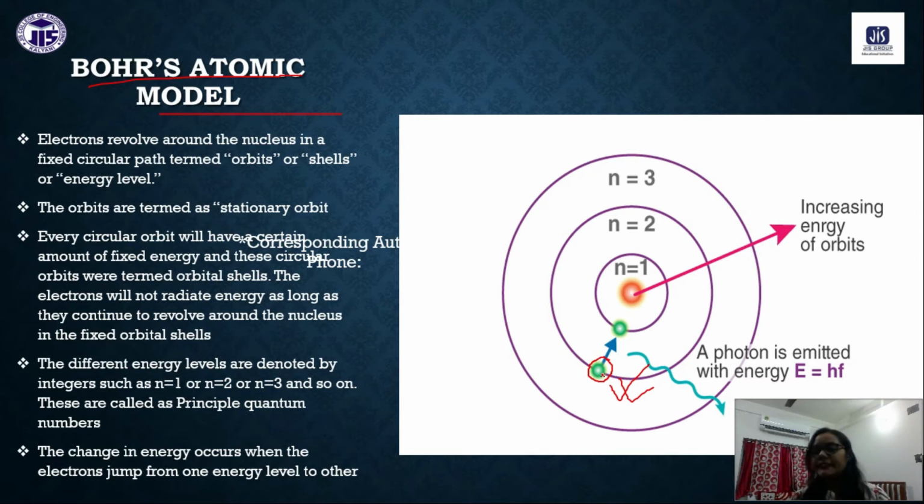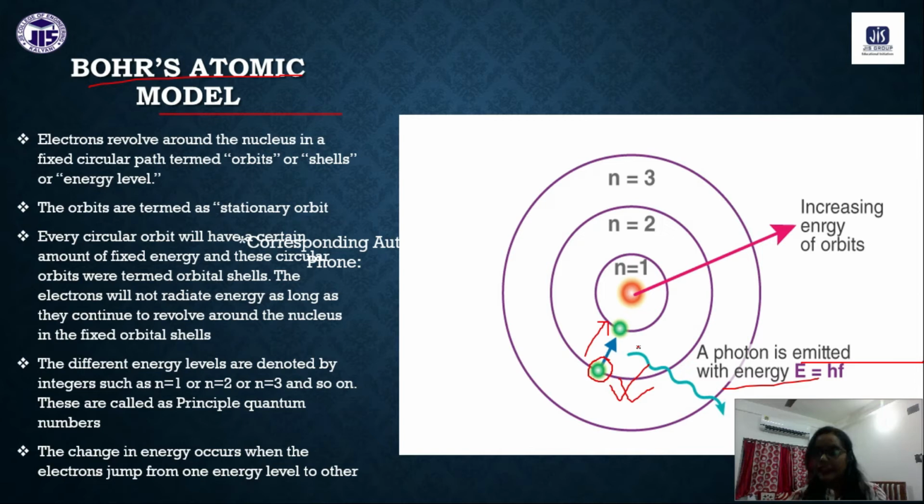The second statement is that Bohr stated that electrons do not emit energy continuously. Only when the electron changes its track, either going to a lower energy level or a higher energy level, will it emit some energy or absorb some energy.